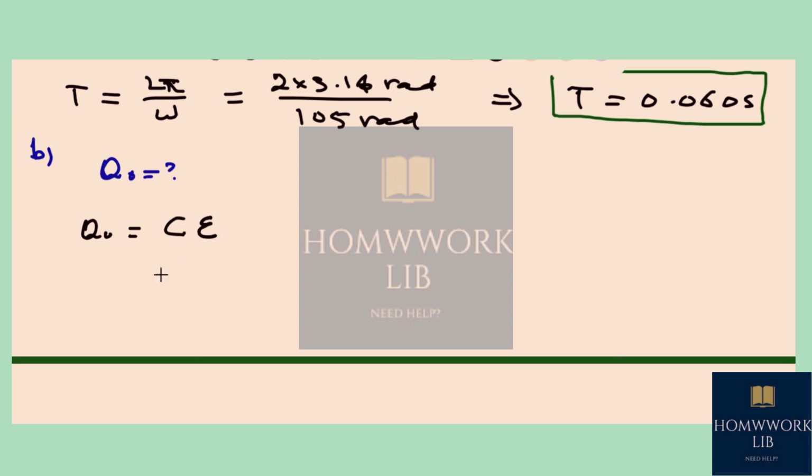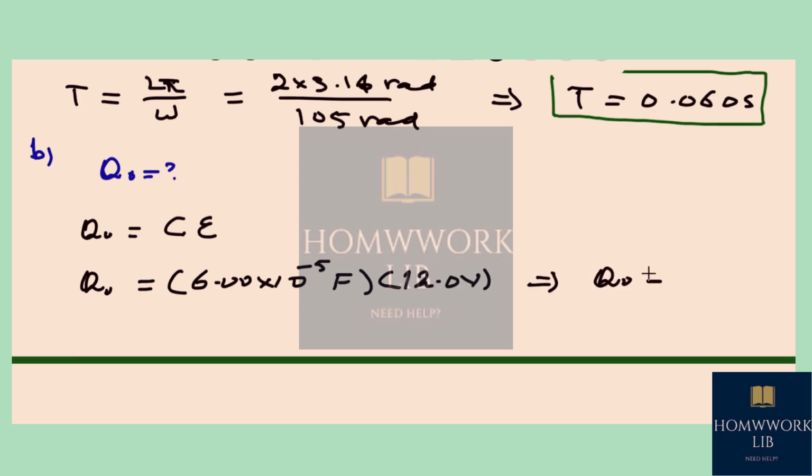By inserting values, we can write Q naught equals 6.00 × 10^-5 farad times E, which is 12.0 volt. So this will give us Q naught as 7.20 × 10^-4 coulomb. So this is the charge on the plate.